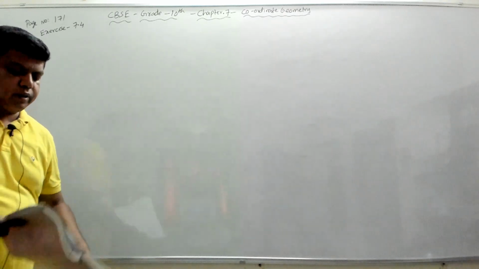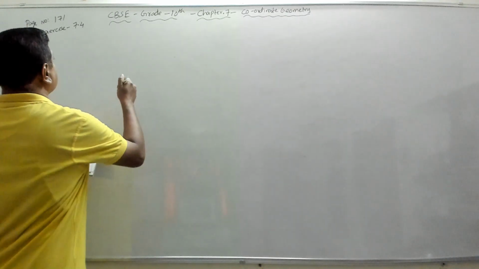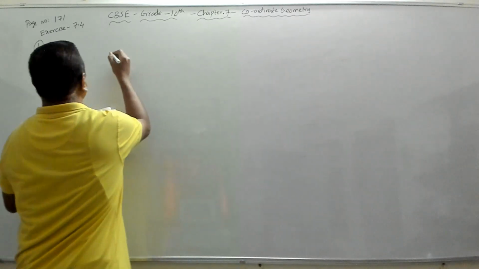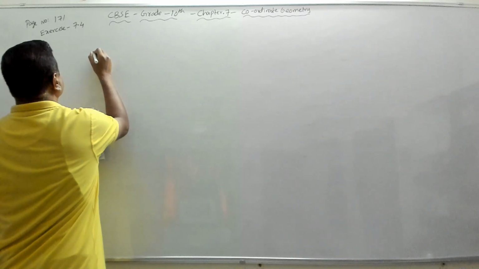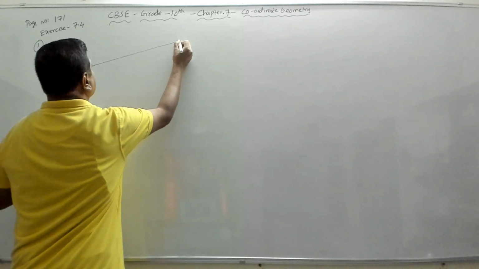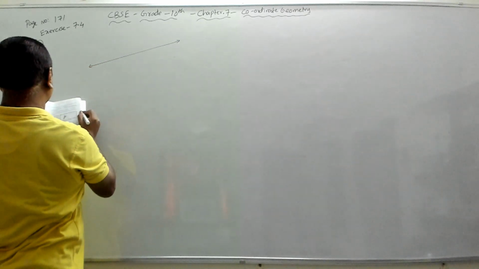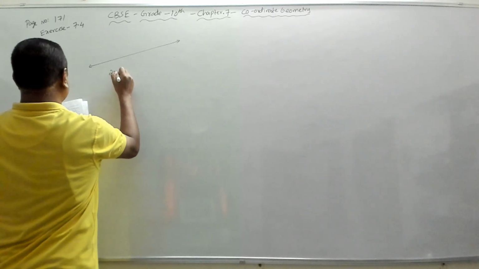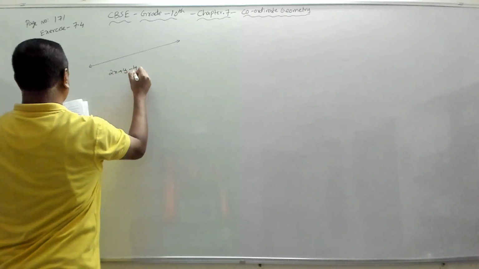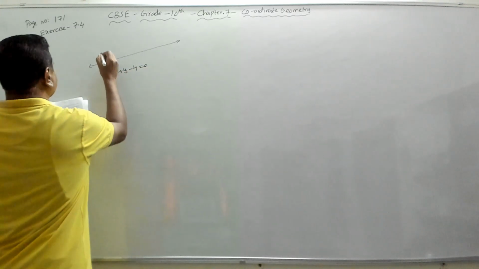So what it means is, suppose we have a line, which is 2x plus y minus 4 equal to 0, and there are two other points.